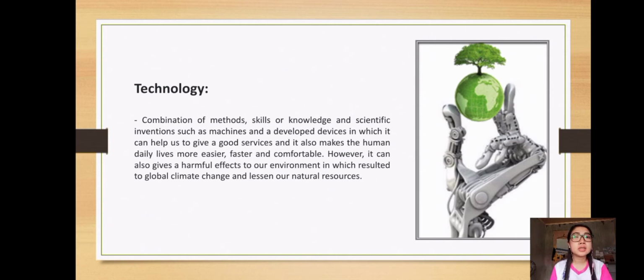Technology simply means a combination of methods, skills, or knowledge and scientific inventions such as machines and developed devices, which can help us give good services and also make human daily lives easier, faster, and more comfortable. However, it can also have harmful effects on our environment, resulting in global climate change and lessening of our natural resources.